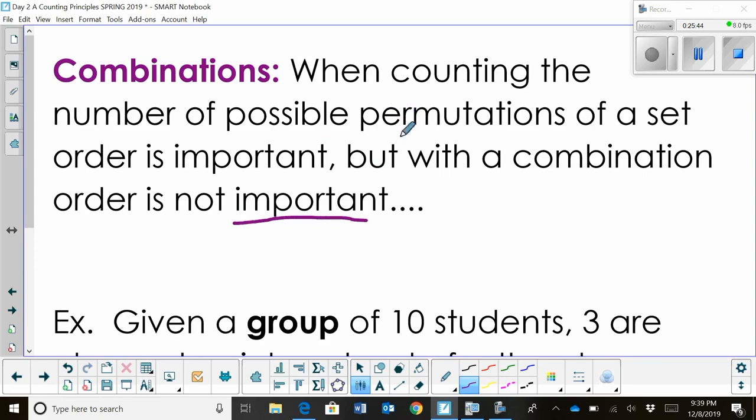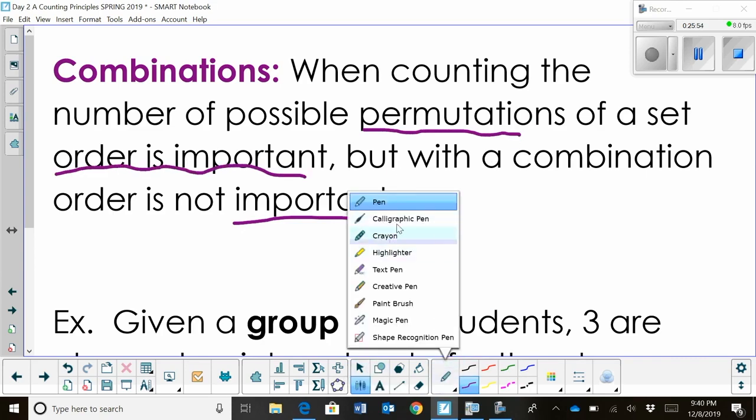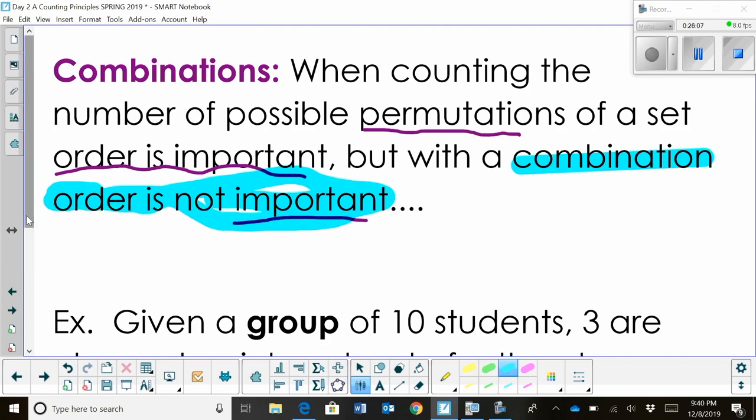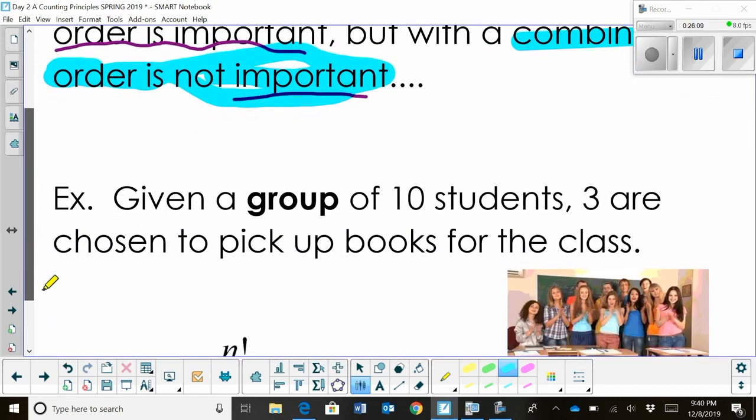So when you're doing a permutation, order is important. When you're doing a combination, let me highlight this. When you're doing a combination, order is not important. You treat it similarly, but you have to read carefully and decide if the order is important.